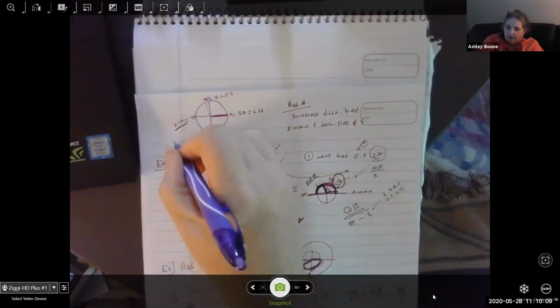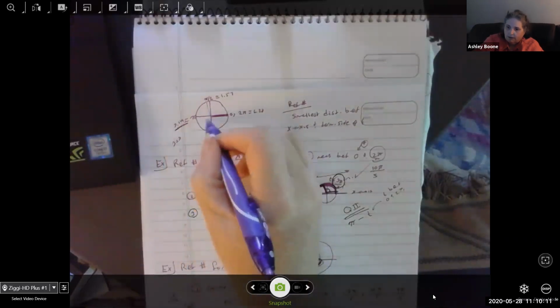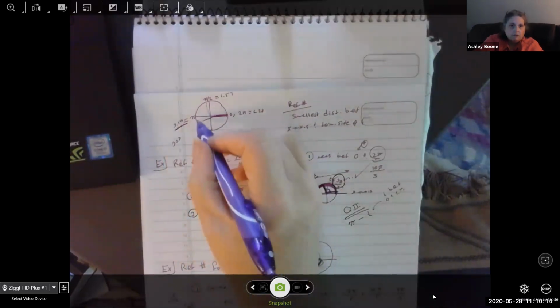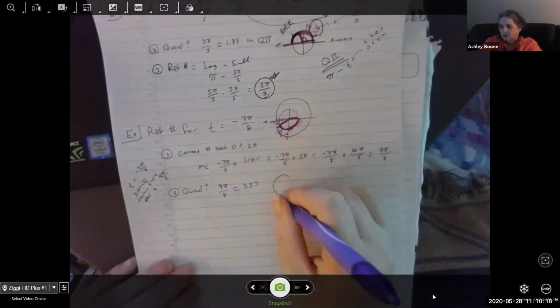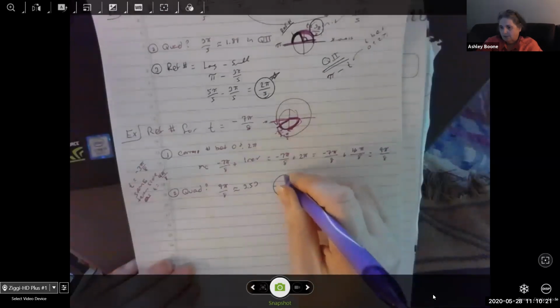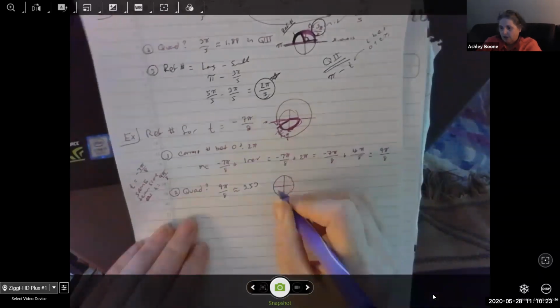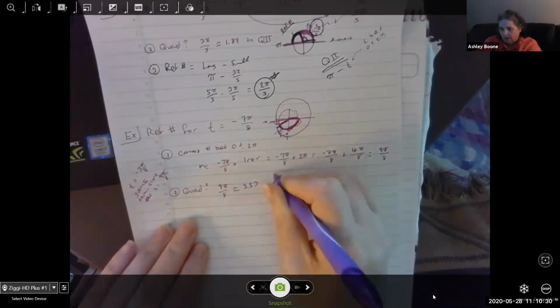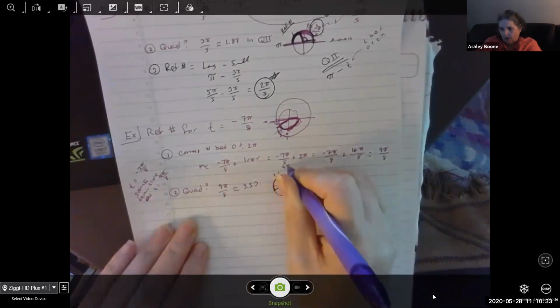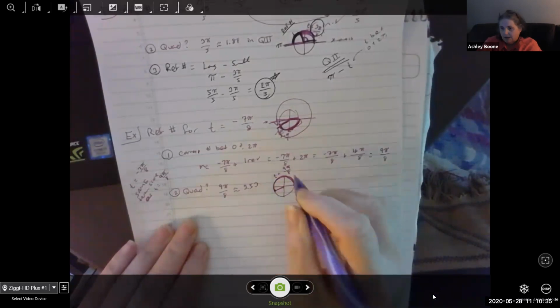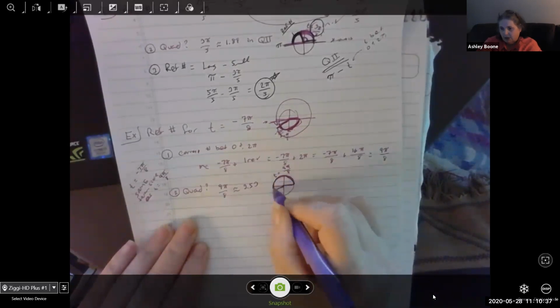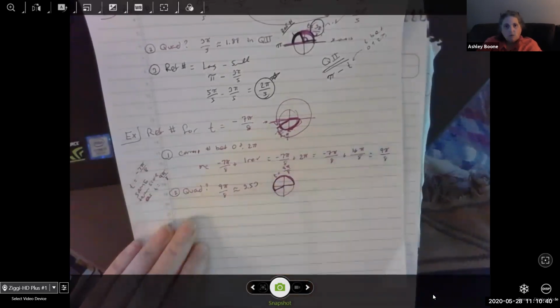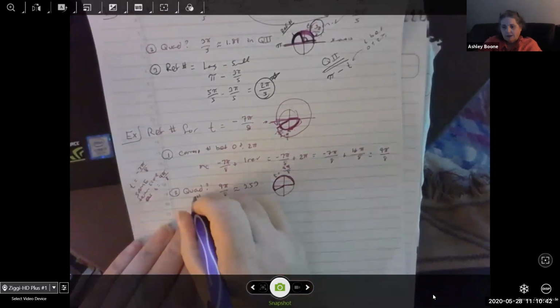So 3.53 is going to be somewhere in between the two, closer to here. I'm just going to sketch the circle again since I've written so much on the other. This t value right here of 9 pi over 8 is the distance from standard position over to this terminating side. We're in quadrant 3, okay?